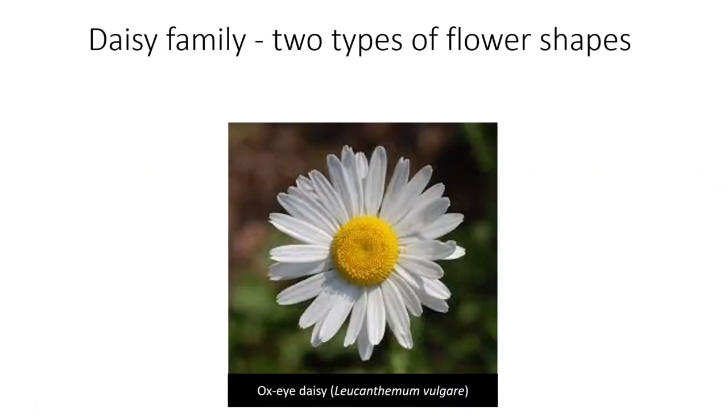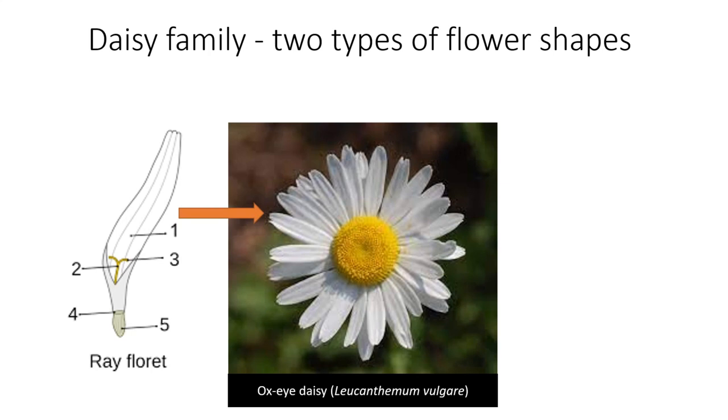And in the daisy family, there are two different ways that the flowers look. So this is your oxeye daisy, and the outside flowers are called the ray florets. If you were to look at them with the hand lens, and we'll get some out on the field trip in June, they look like the rays of the sun radiating out from the plant.